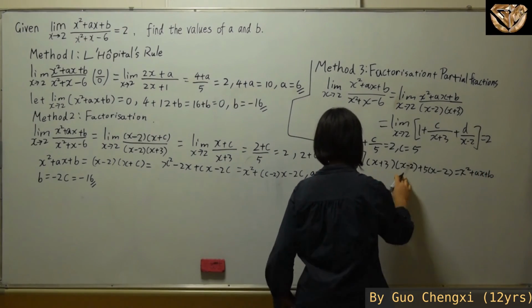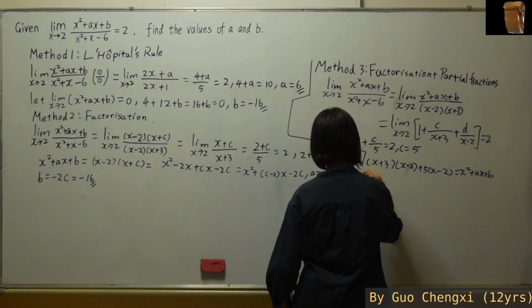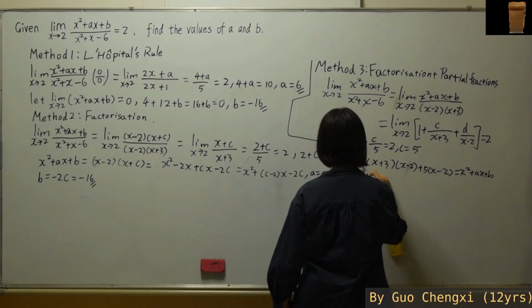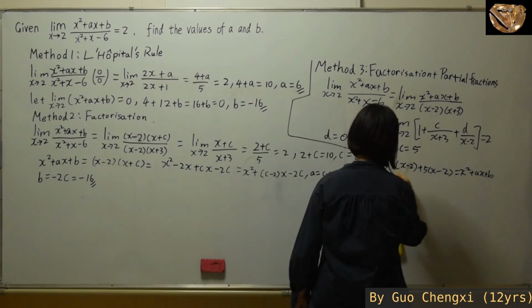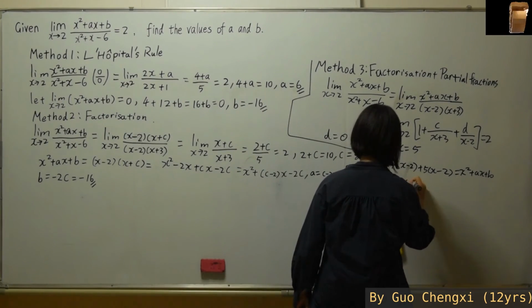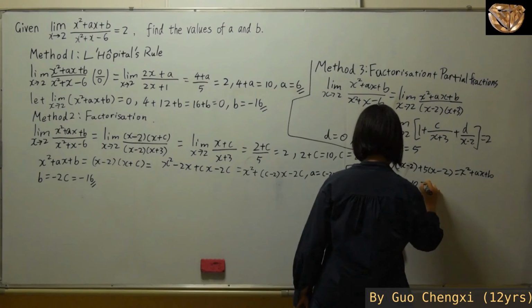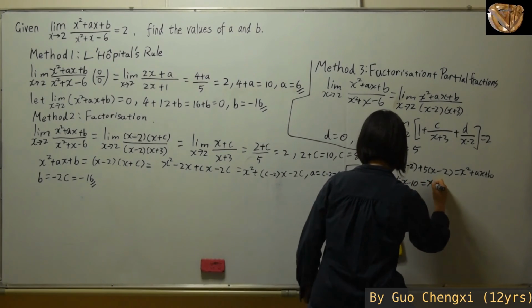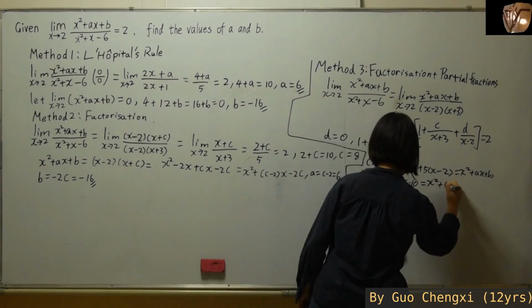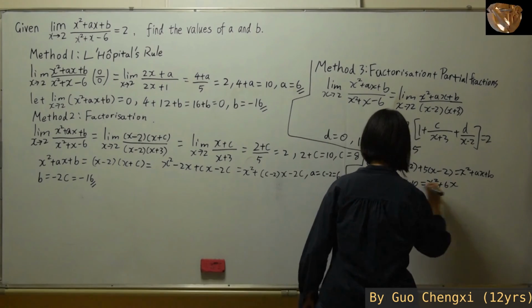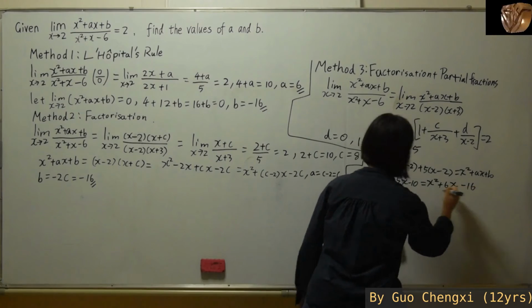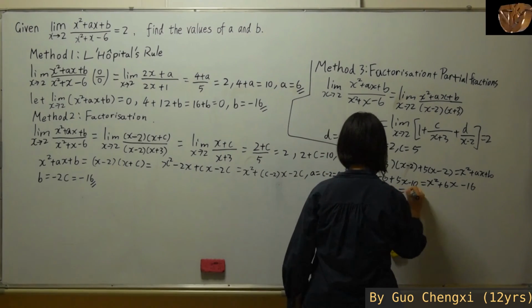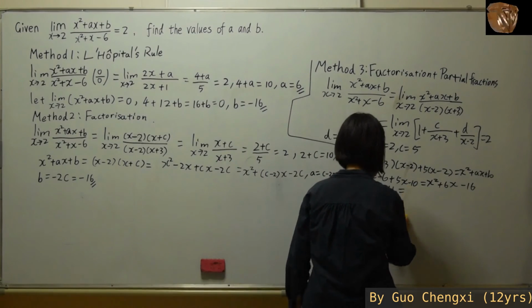So for this part you're going to have x squared plus x minus 6, then plus 5x minus 10, which equals x squared plus 6x minus 16, whereas over here 6x minus 16 is equal to ax plus b.